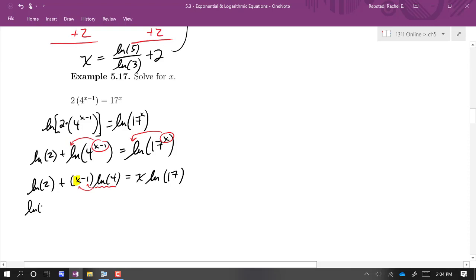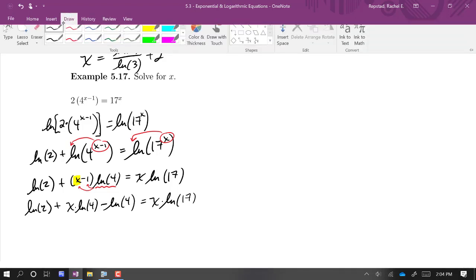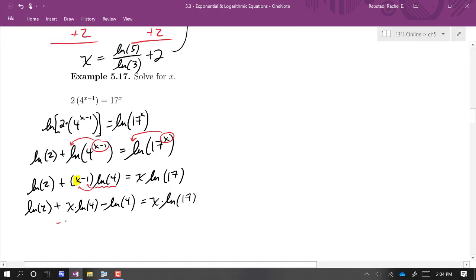So we have ln 2 plus x times ln 4 minus ln 4 equals x times ln 17. I think I will go ahead and just get all of my x's on the right side. That seems like it would take less work. So I'm going to subtract x ln 4 from both sides.